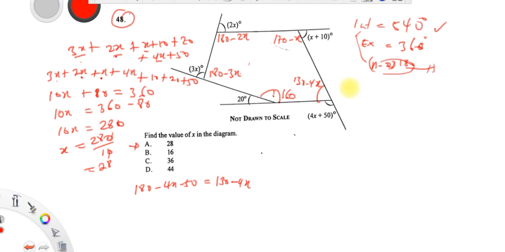Okay, so let's sum all of them. We get 180, then 180 minus 2s, the first one, 2s plus 170 minus x, and then plus 180 minus 3s, plus 160, and then plus 130 minus 4s.